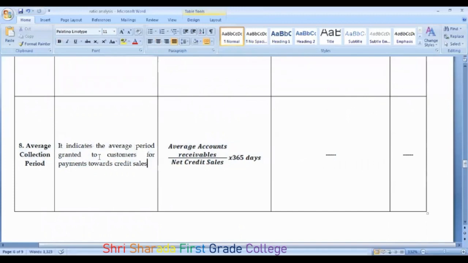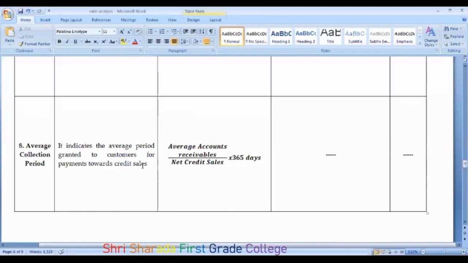It indicates the average period granted to customers for payments towards credit sales. Think that you are a customer and you are given a certain duration, for example 3 months, or 2 months, to settle your amount. So you will be calculating how many days or months it takes for the payments to be collected.